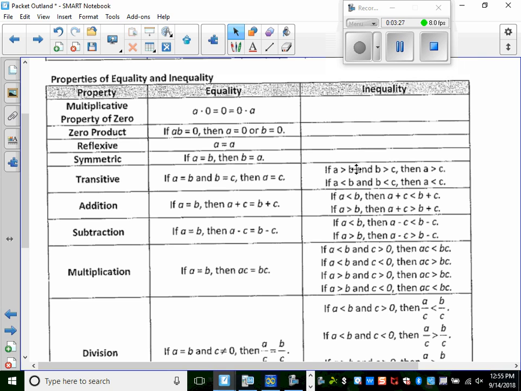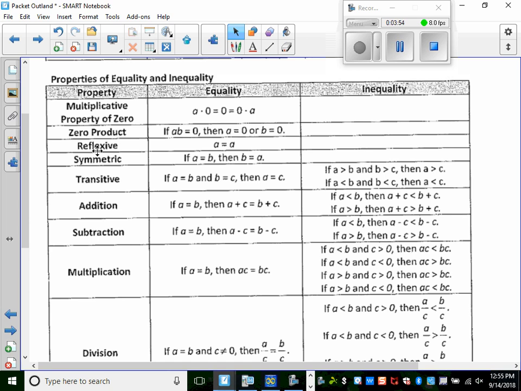And you don't get to the inequality ones until you start talking about transitive, addition, subtraction, multiplication, and division. This is familiar as well because you already know anything times 0 gives you what? 0. If A is 0, you multiply by another term, you also get 0.